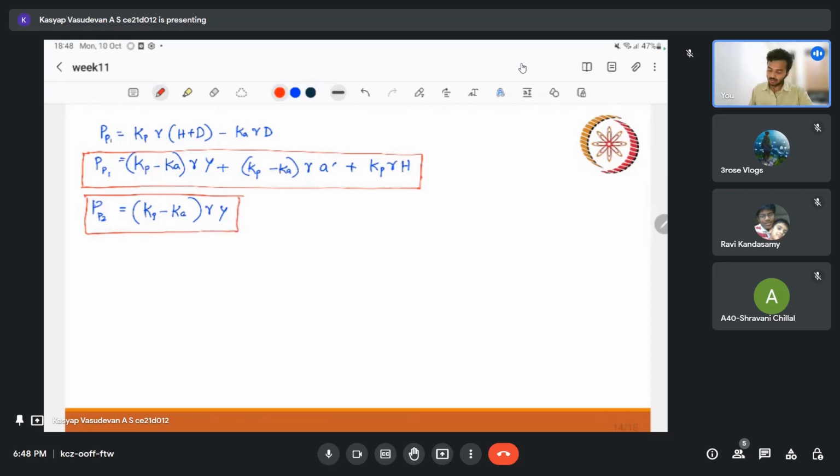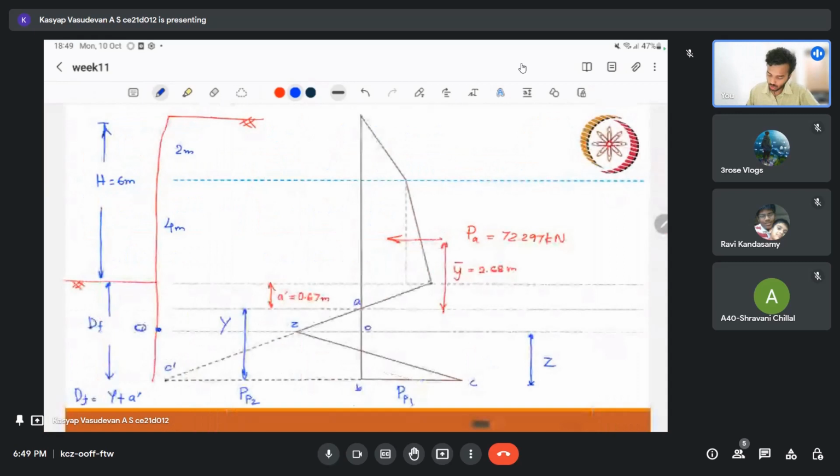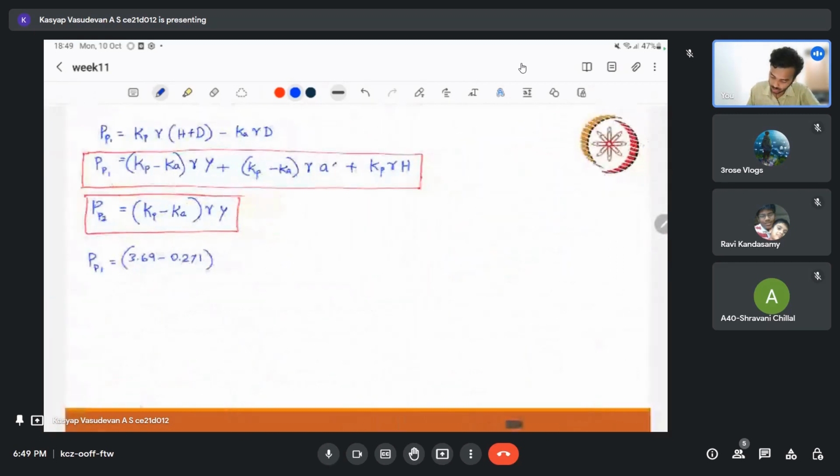Here, let us just find out and see what happens. PP1 is equal to Kp, I know that is 3.69, minus Ka is 0.271, and gamma, here this gamma we are talking about y. Y is below the water table, so we are supposed to take the submerged one.